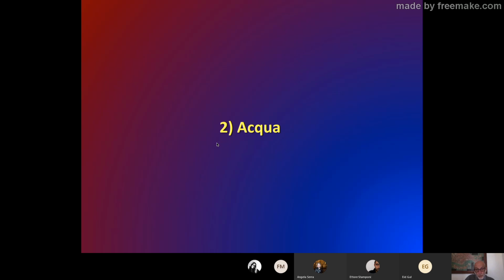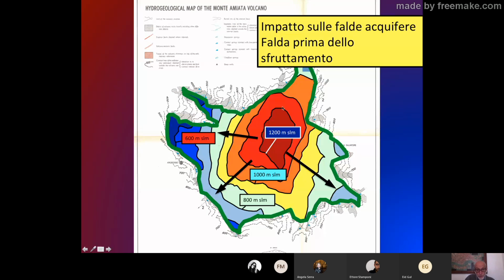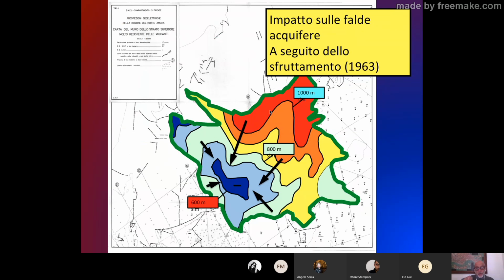Problem with water, we discussed this a few days ago. This is the aquifer before exploitation. This is the aquifer after exploitation, with the creation of a big minimum in the water table where gases can come up straight into the freshwater aquifer.